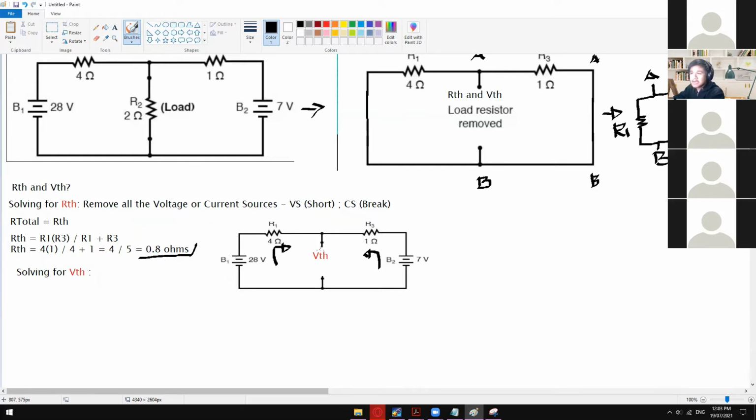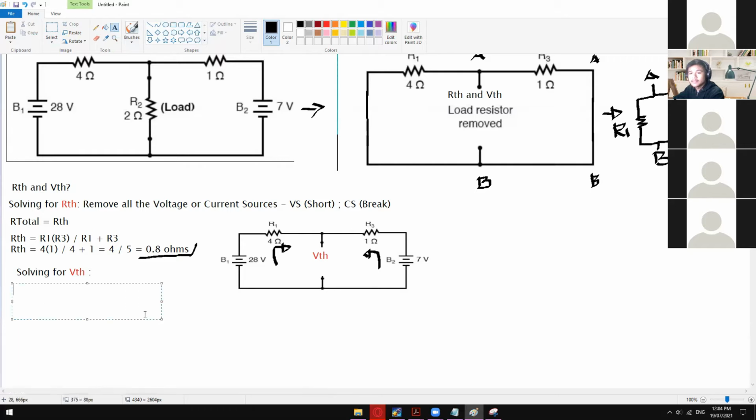Now, how do we do that? We can apply Kirchhoff's voltage law for us to be able to find the single current that is flowing in here.